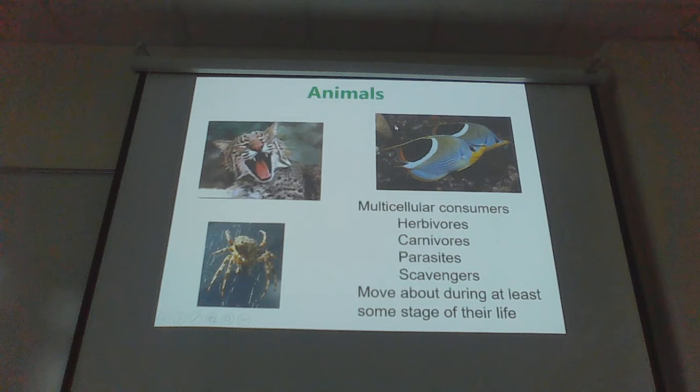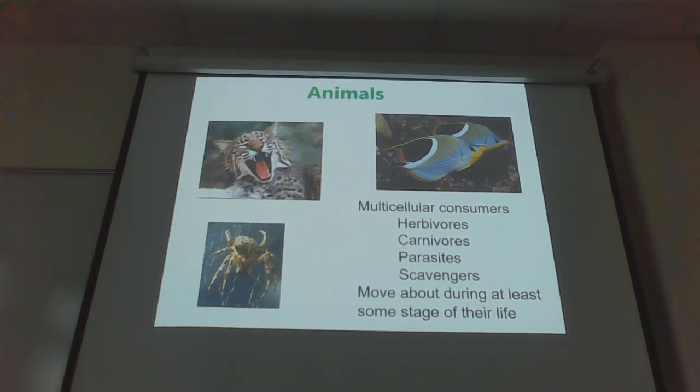All right, animals. This is where we are going to land for quite some time in this course. What are the characteristics of animals? All animals are multicellular, period. And we are consumers, meaning we cannot do photosynthesis, right? We're all consumers.